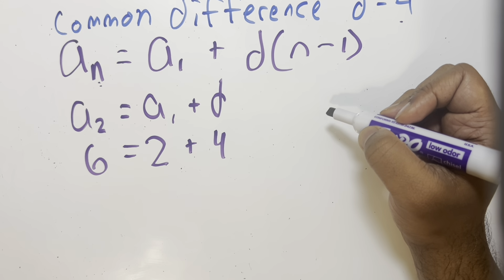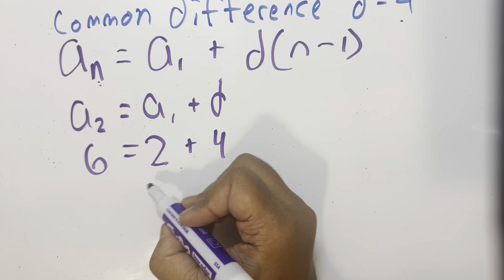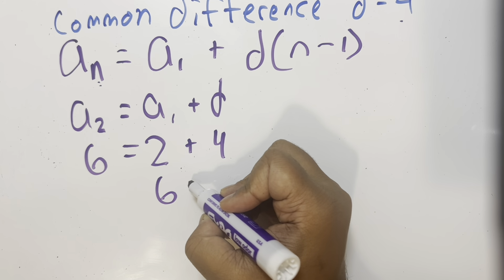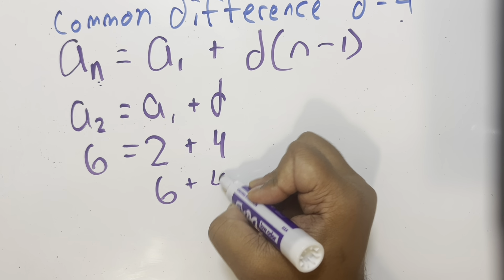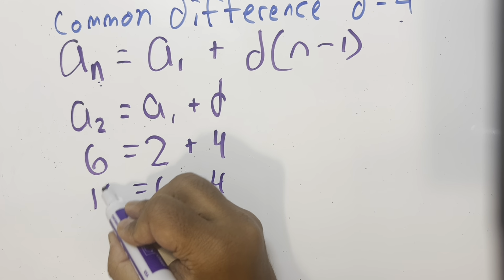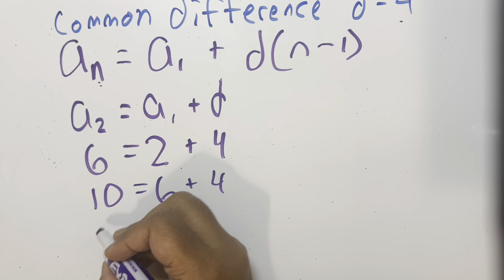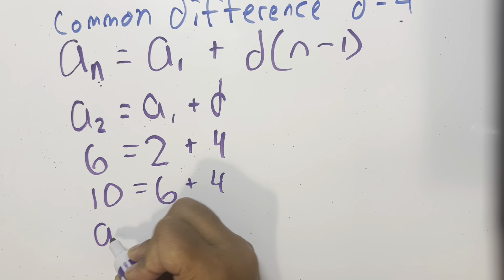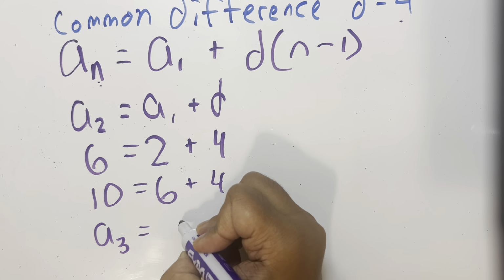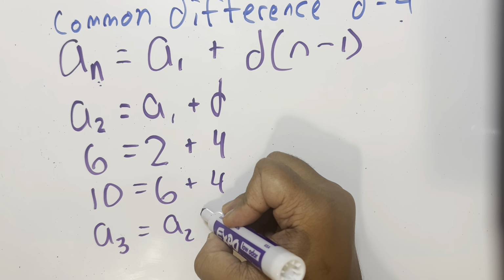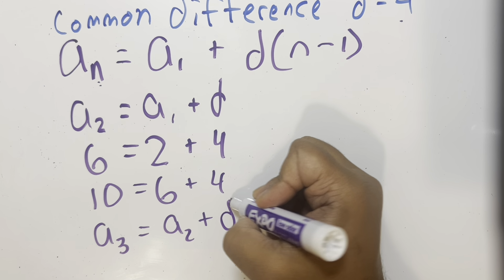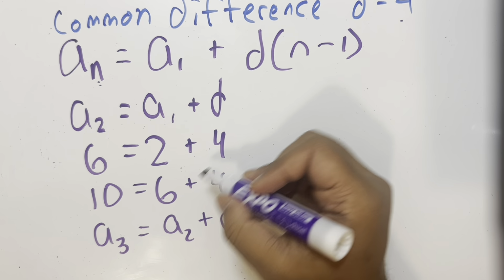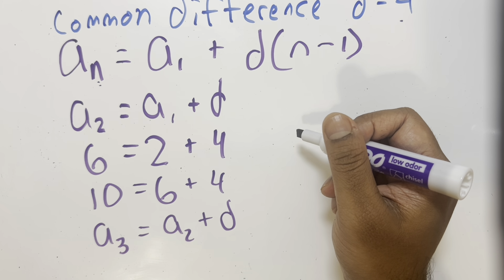Same thing over here. We know 6 plus our common difference of 4 will give us our third term, 10, right? We can just write here, a sub 3 will be a sub 2 plus the common difference. So we're adding one thing before another.